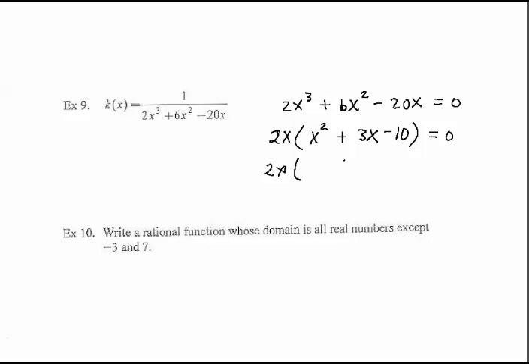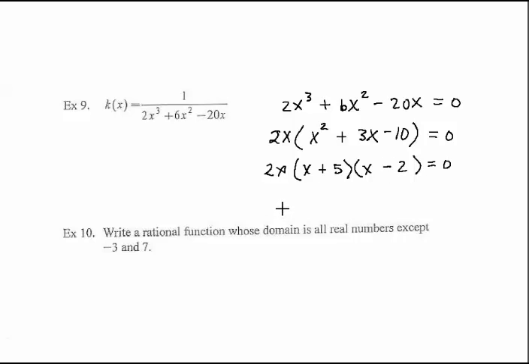And now we need to factor this trinomial. We find two numbers that multiply to give us -10, and they also add to give us +3. Those two numbers are +5 and -2.